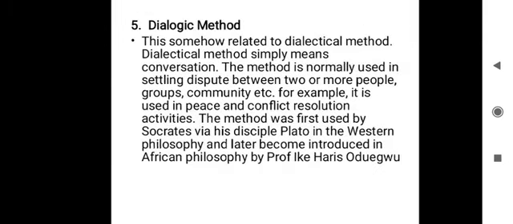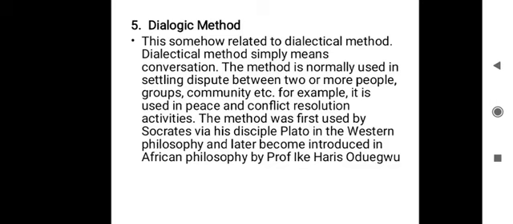The fifth method of philosophy is called the dialogic method. This is somehow related to the dialectical method. Dialogical method simply means conversation.